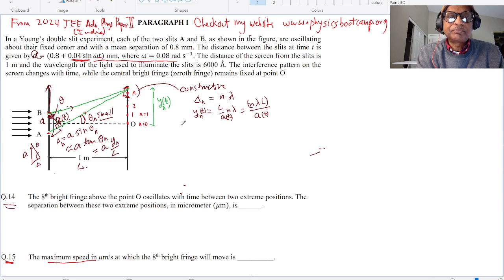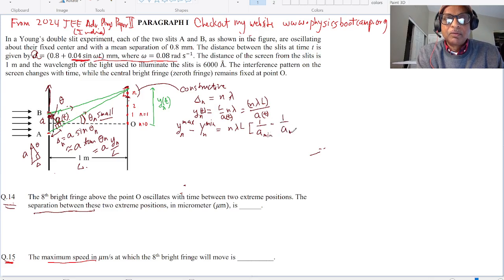So yn max minus yn min, and that's the question: what's the separation between these two extremes? That should equal n lambda L times (1 over A min minus 1 over A max).